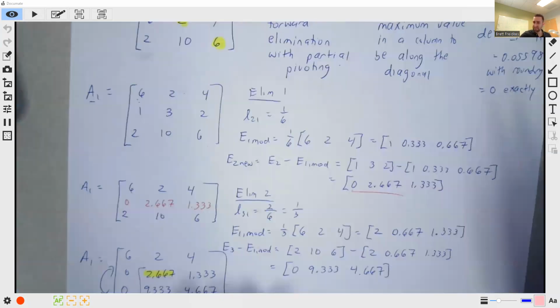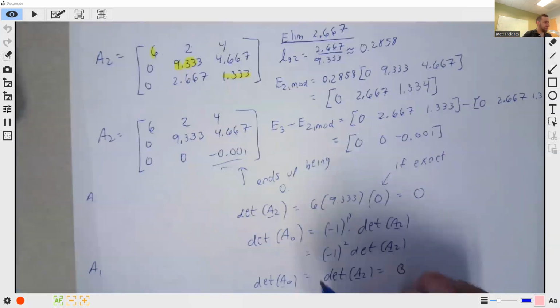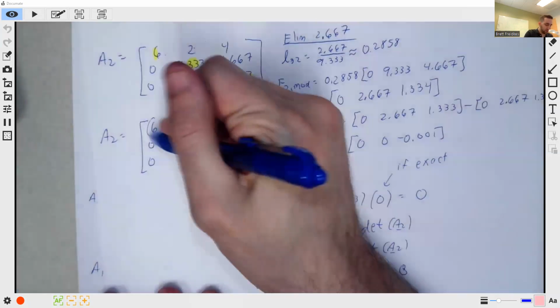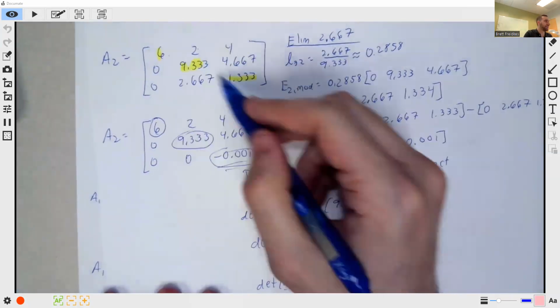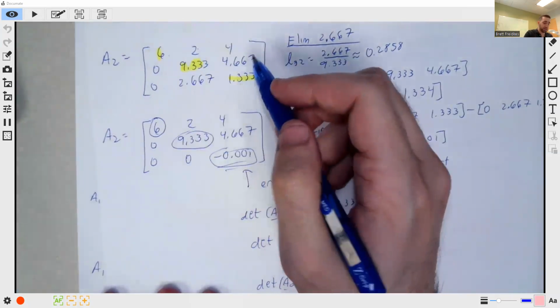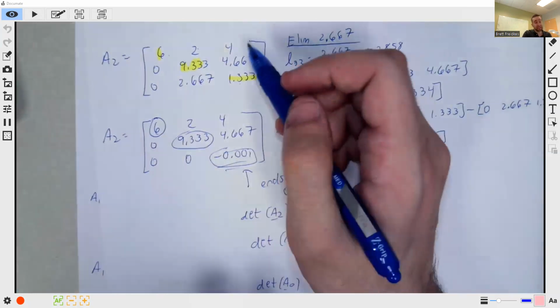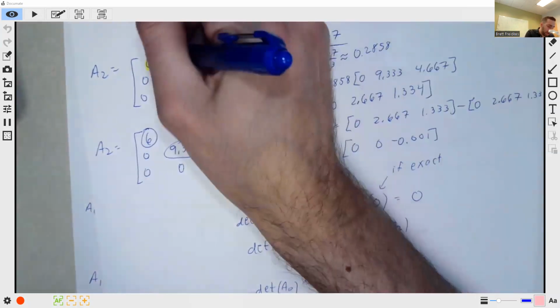Okay. I hope that this helps with partial pivoting. The main thing is that you want your diagonal elements when you're doing these steps to be the biggest in that column. Maybe I'll just do one more quick thing.